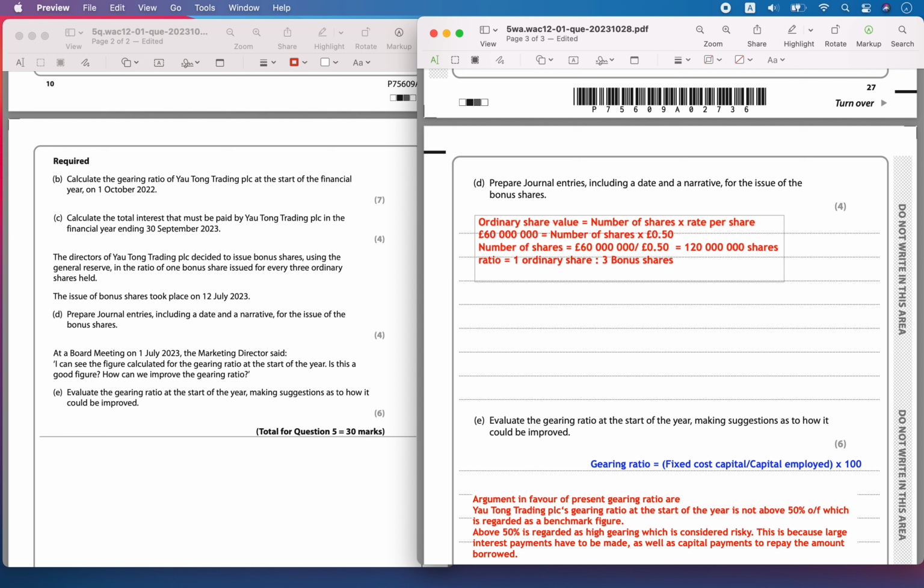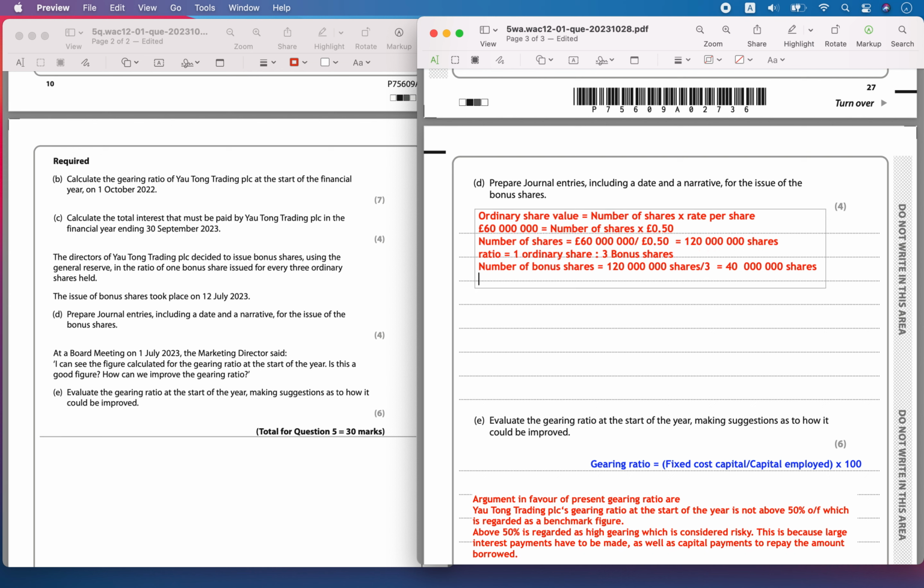Which means that the number of bonus shares to be issued out of this 120 million is the total number of shares divided by 3. So that means I will issue 40 million shares.